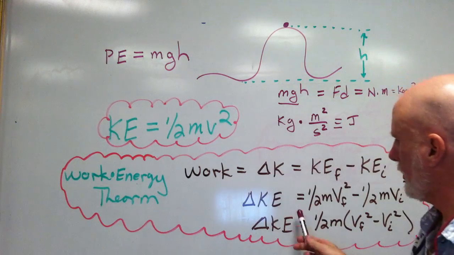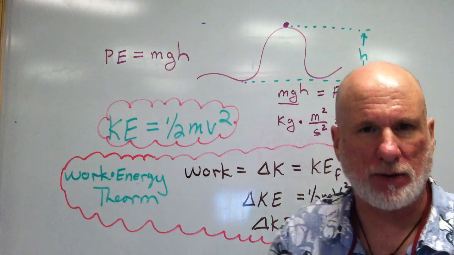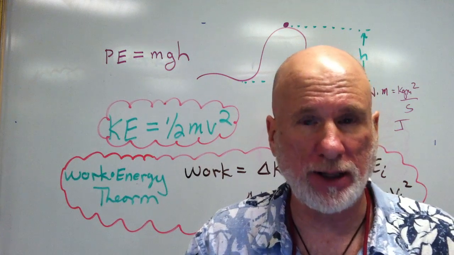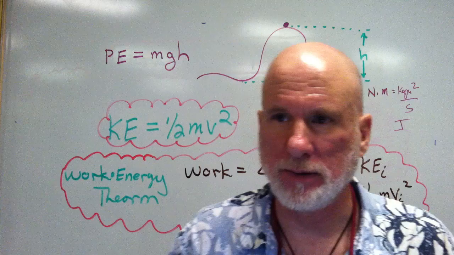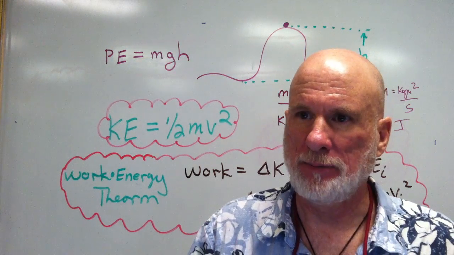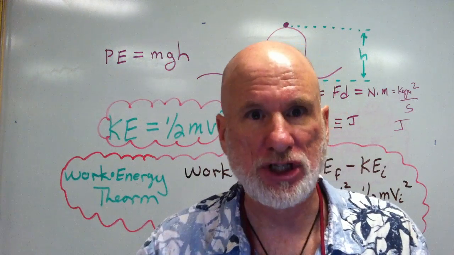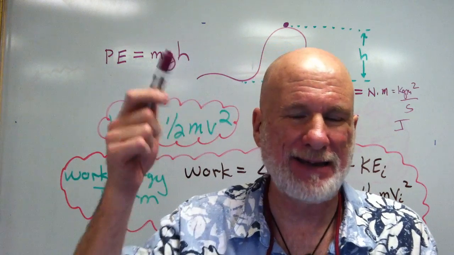Now, the other thing I want to show you is the work energy theorem. The work energy theorem says that the work, I'm actually doing work, you have to actually do the work for it to be equal to the change in kinetic energy. That should make sense.